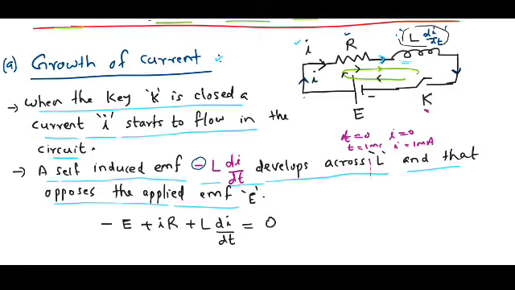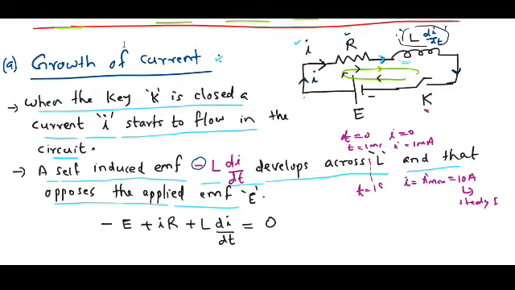In this way, as time goes on, the current increases and reaches the maximum value. If the battery can generate a total maximum current of 10 ampere, then after a certain interval of time, maybe t is equal to 1 second, 10 ampere current will be there in the circuit. This is the steady current.